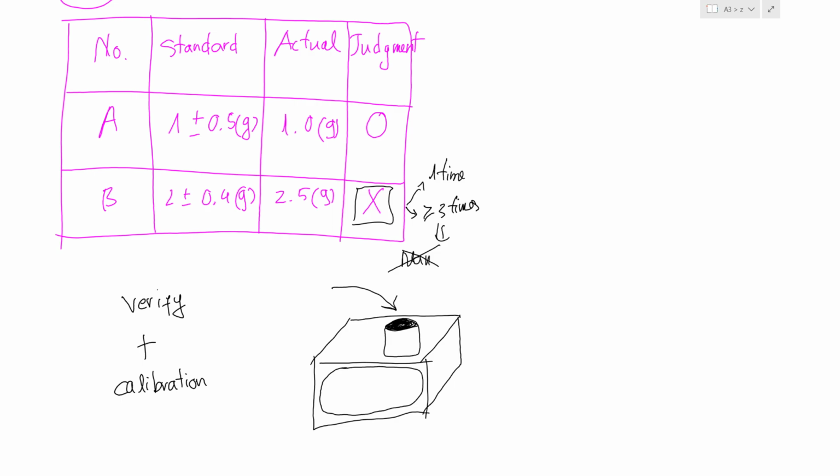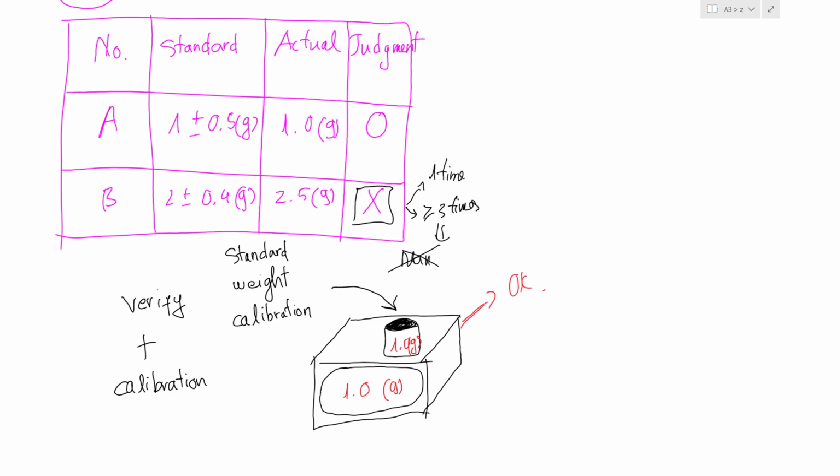For example, here is the standard calibration weight. Say the standard calibration weight is 1.0 gram and the weight equipment also shows 1.0 gram. It means your machine here is still okay.